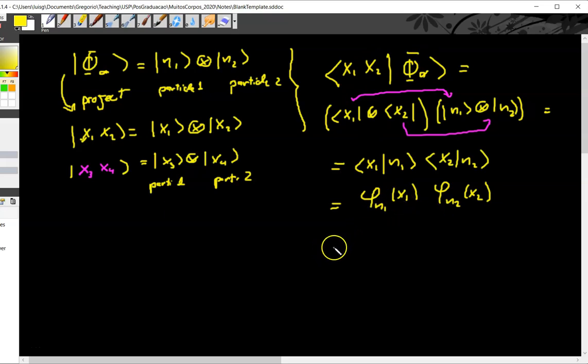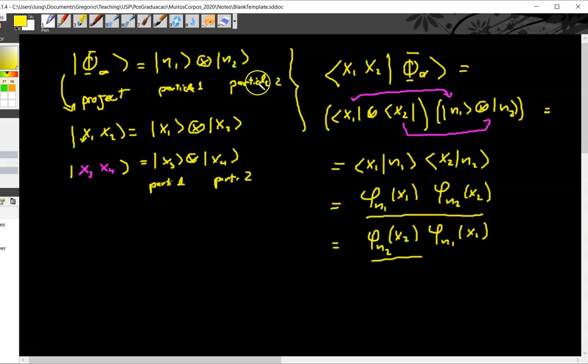So it doesn't matter if you change the order here, right? But sometimes we prefer to keep the order the same as the order of the tensor product here.